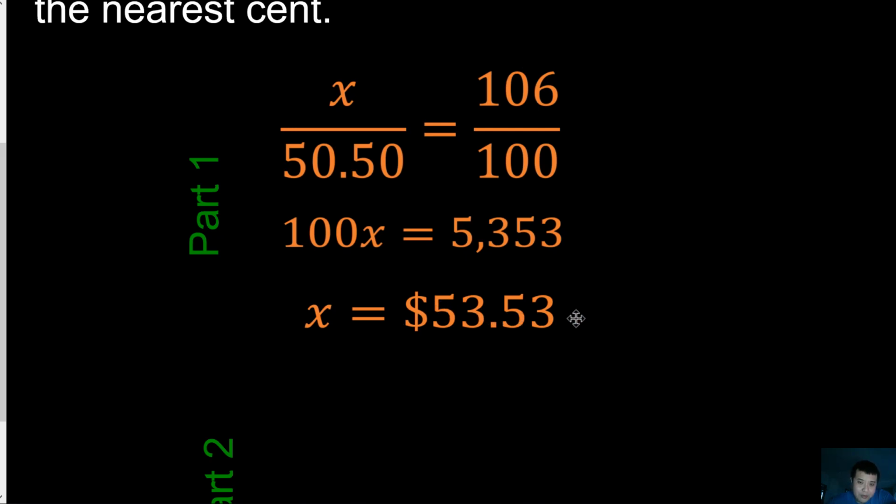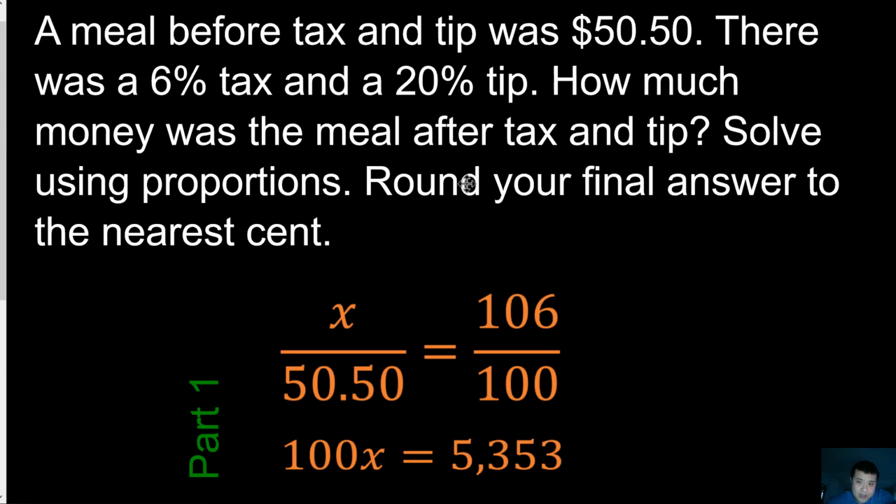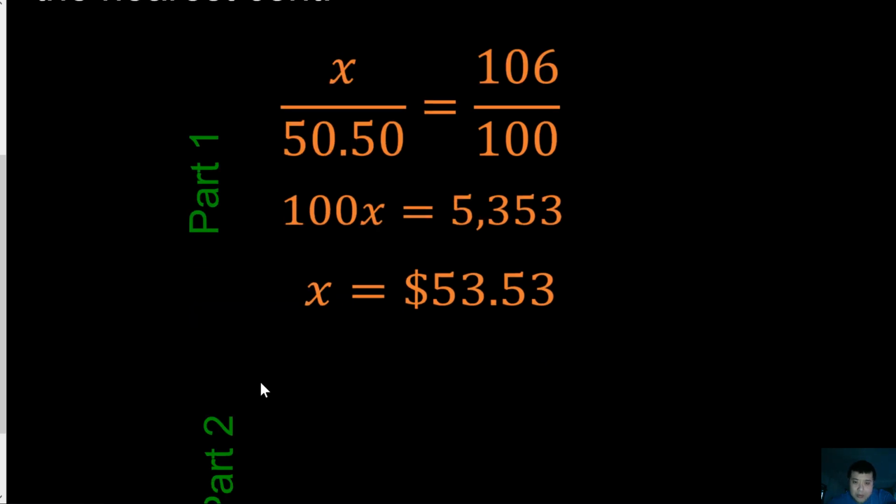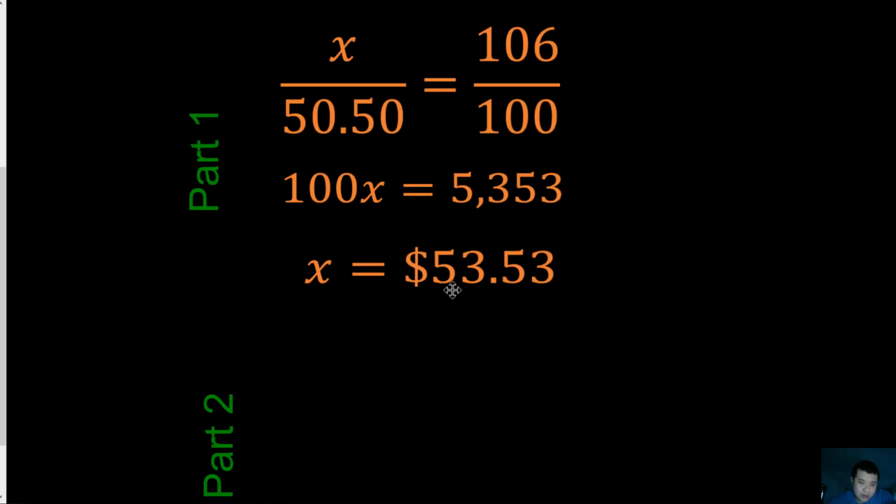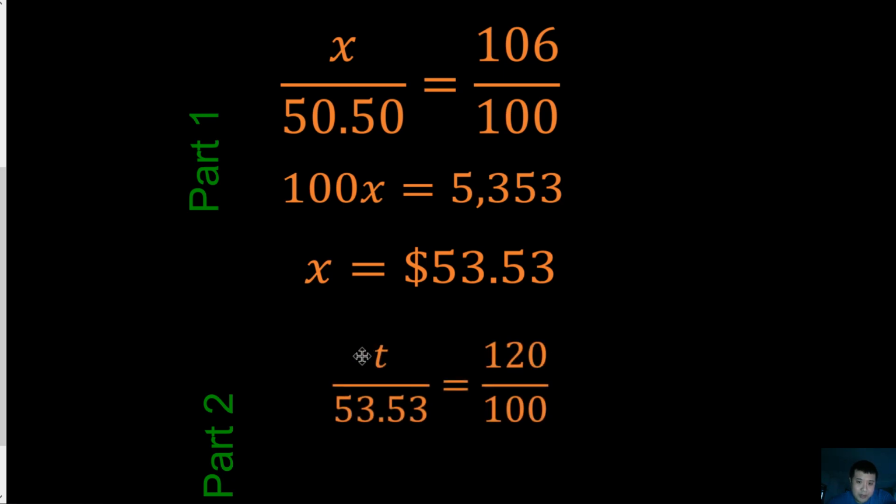To add 20% of this 53.53 for our tip, we make this our new 100%, and we're looking for 120%. So the total cost is going to be 120% of the original, and this is our new original. So we have the amount after tax over 53.53, which is our 100%, equals 120%.